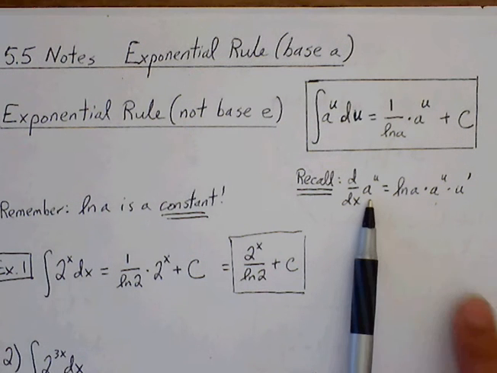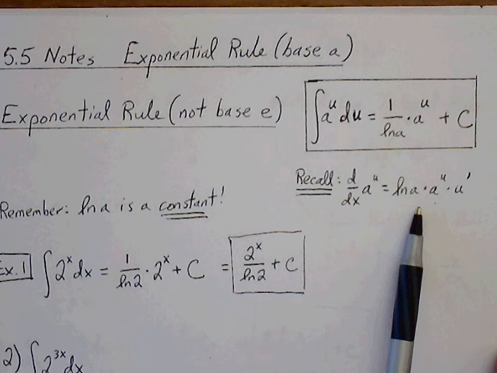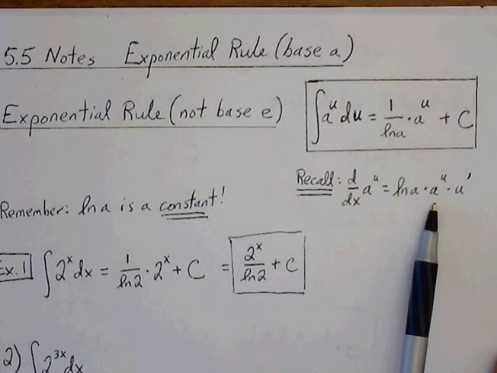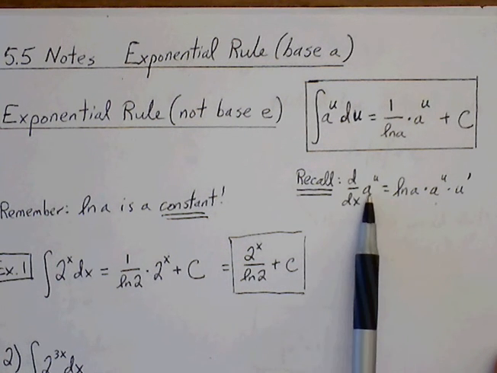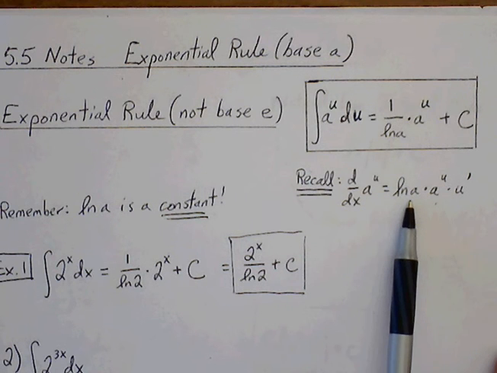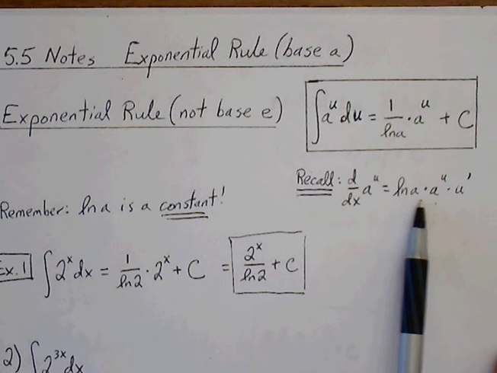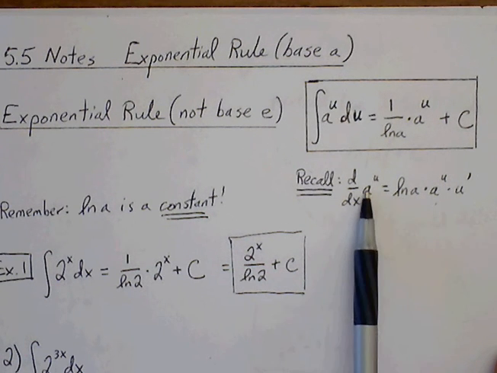Okay. So if we know the derivative of a to the u is natural log of a times a to the u, then the integral of a to the u must be basically the same form. We just have to bring this natural log of a over. If you think about the process going backwards, the integral of a to the u will simply be a to the u divided by natural log of a.